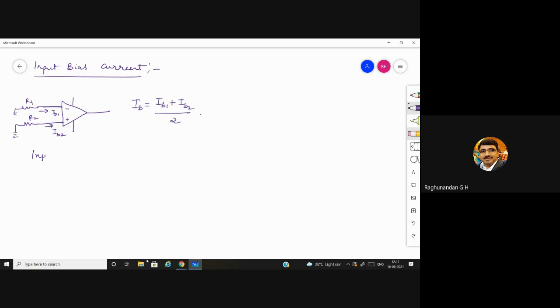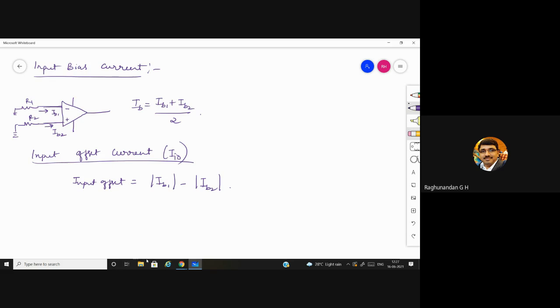Next is input offset current, IIO. Input offset current is going to tell the difference between those two bias currents. It is given as input offset current is equal to IB1 minus IB2.